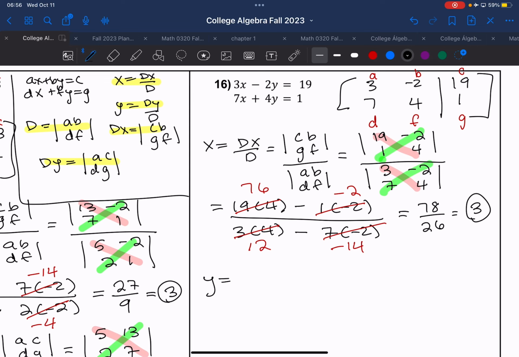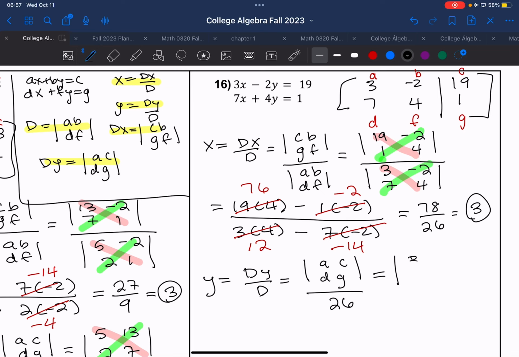Now we need to find our y value. So I'm using the formula for y. So the determinant y is going to be ACDG. And the determinant D we already solved, and what number did we get? 26. So I am just plugging in that ACDG.